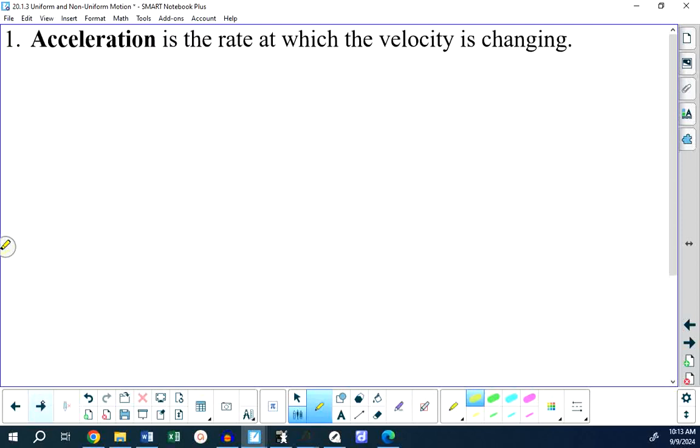So acceleration is the rate at which velocity is changing. Rate at which something is changing. A rate, everybody, is measured by dividing by time. If I say to you that the rate at which I spent money last month, on average, was $140 per day, that's money per day.